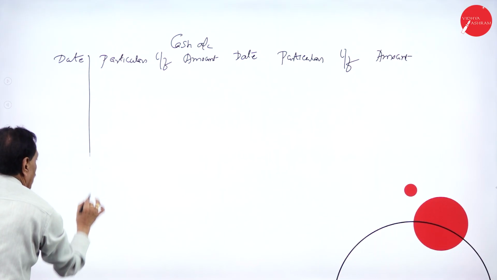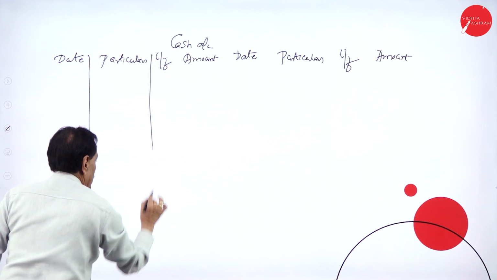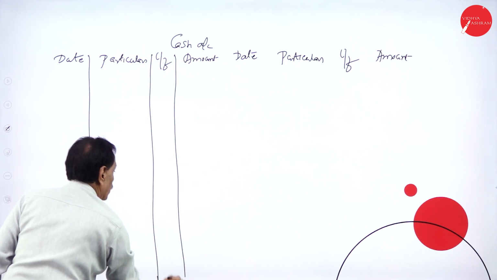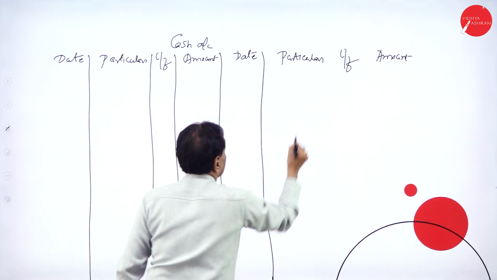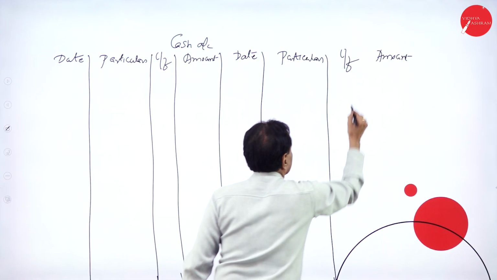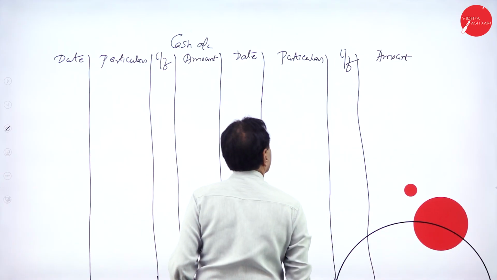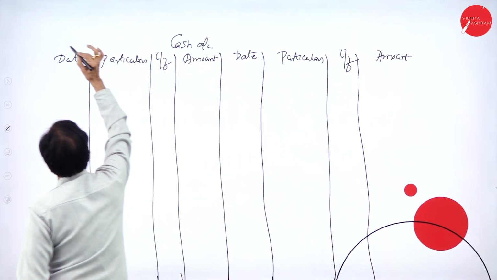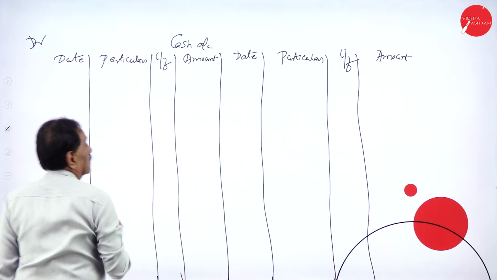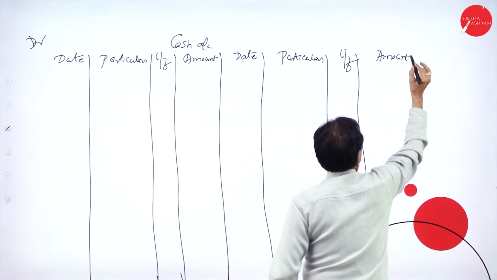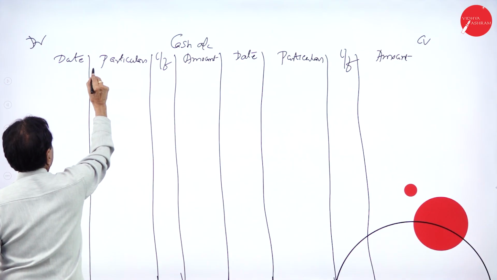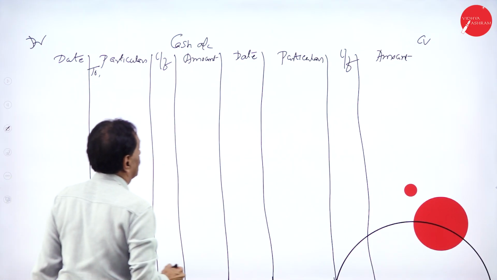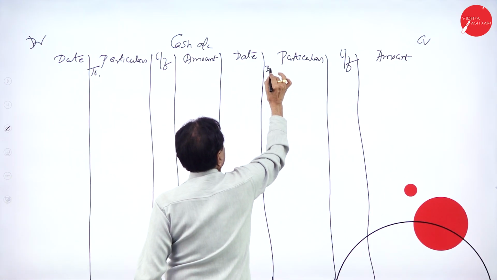This is the date column. Particulars, ledger folio, amount. Debit side, credit side, followed by "to" and "by". This is "to", this is "by".